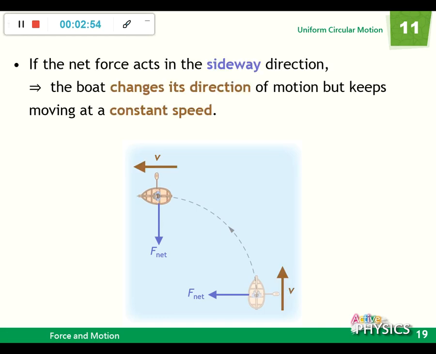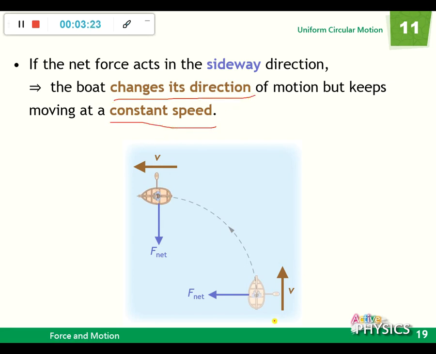If the net force is acting sideways, not forward, not backward, maybe right hand side or left hand side, the ball changes its direction of motion but keeps moving at a constant speed. A very important part, look at this, constant speed. It means that the speed is unchanged.